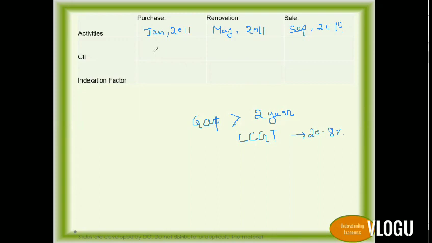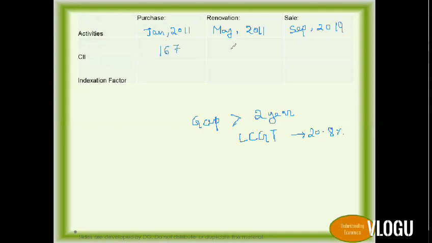Now the CII, the cost of inflation index, will be important because we need to identify the indexation factor for the long-term capital gain. For the long-term capital asset, we will consider the CII given for the year 2010-2011, which is 167.